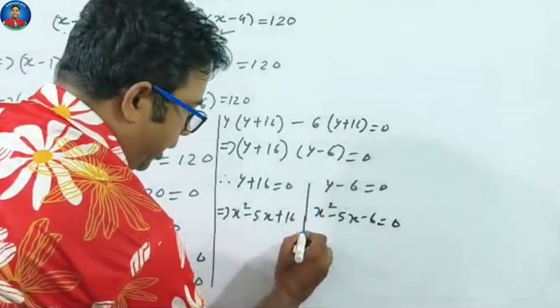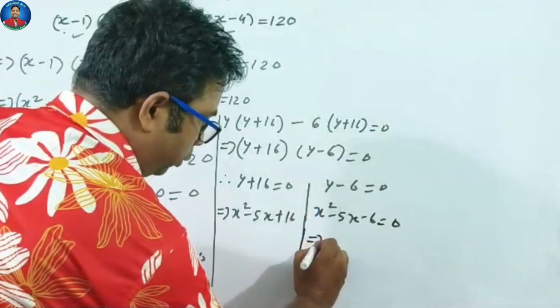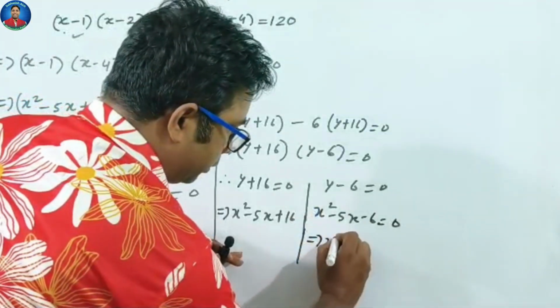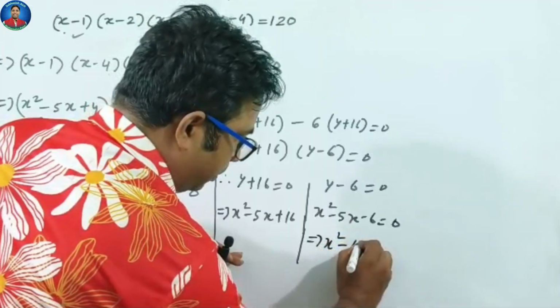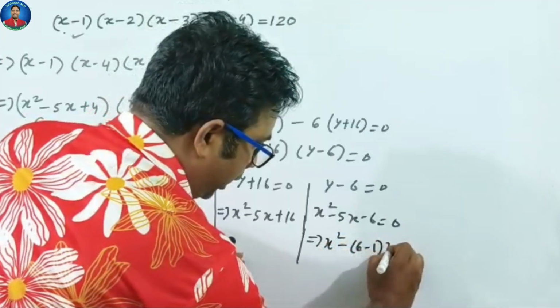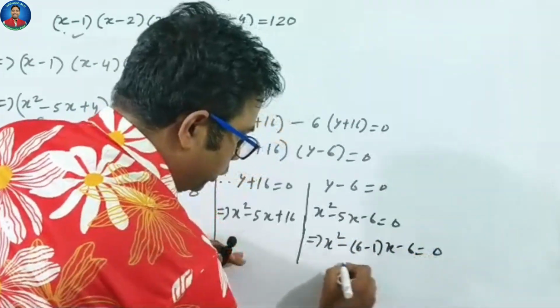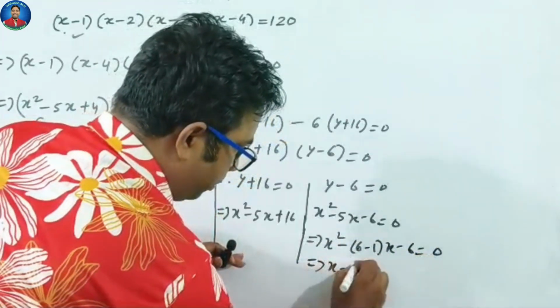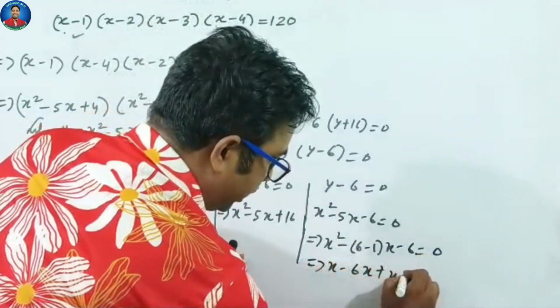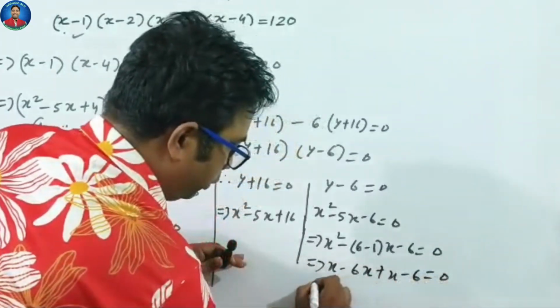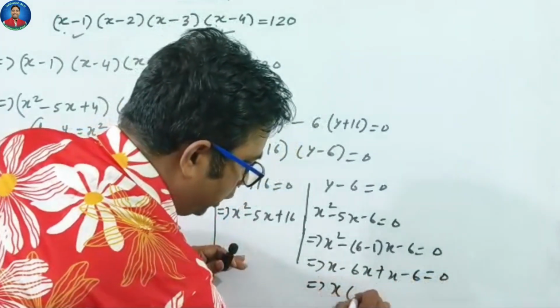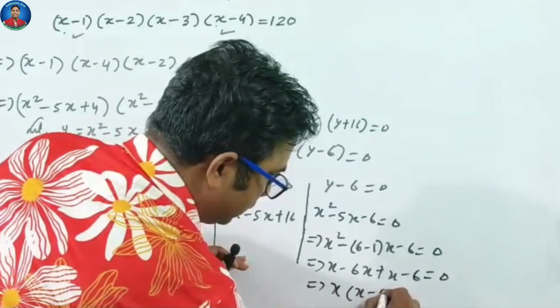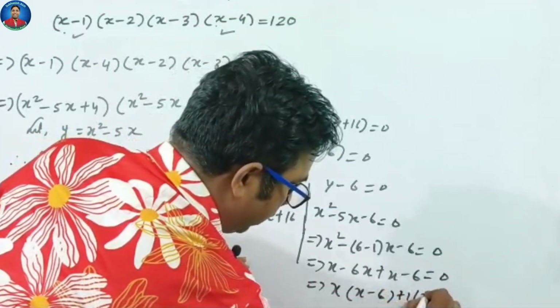So if we apply middle term factor here again, what we shall get? This can be written as 6 minus 1 into x minus 6 equal to 0. So this can be written as x square minus 6x plus x minus 6 equal to 0. So if we take x common, it is x minus 6 and this is plus 1 into x minus 6.